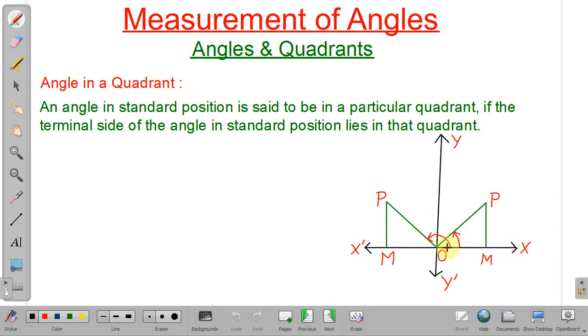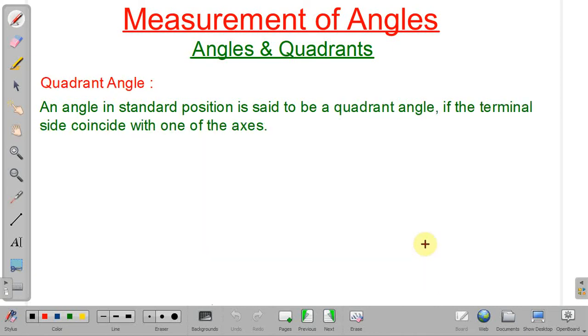If it coincides with the positive direction of the y-axis, the angle is 90 degrees, or a right angle. If it coincides with the negative direction of the x-axis, the angle is 2 times a right angle, that is 180 degrees. So we have discussed quadrant angle.